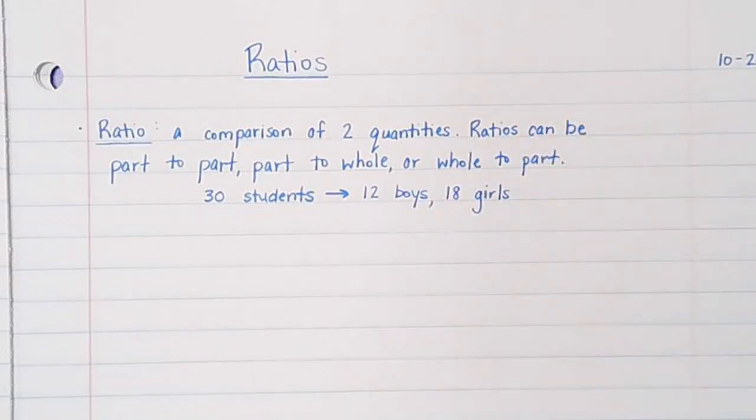Then if I did a ratio of boys to girls, it would be 12 to 18. If I said it was girls to boys, it would be 18 to 12. Alright, so I'm comparing two things.